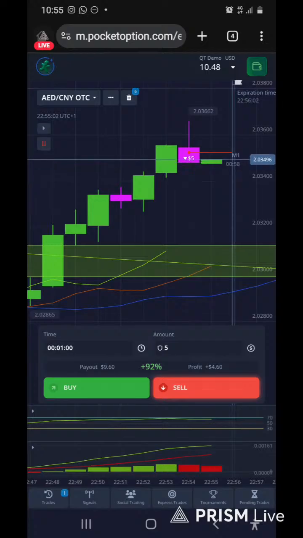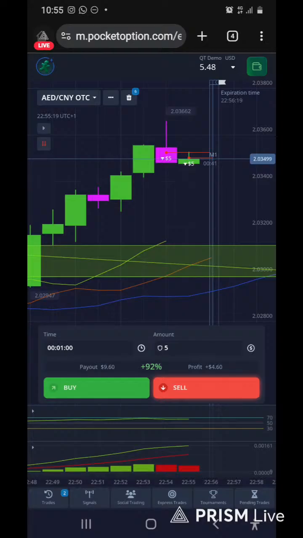I'll sell again. Let's hope we don't go back to $5 again. This was a confirmation candle, that's why I entered.